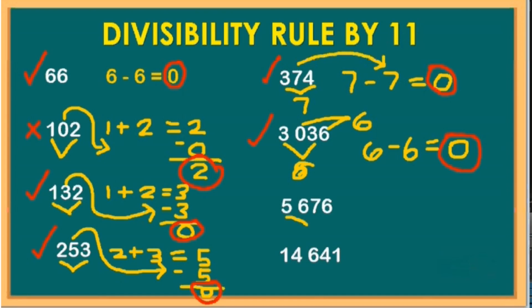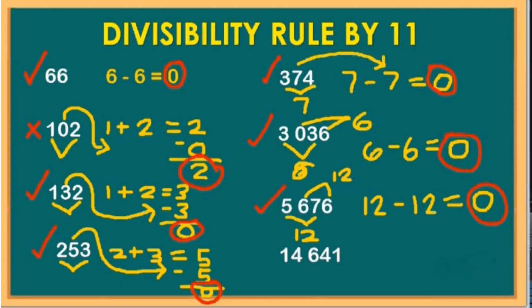Next, 5676. 5 plus 7 is 12. 6 plus 6 is 12. 12 minus 12 is 0. So 5676 is divisible by 11.